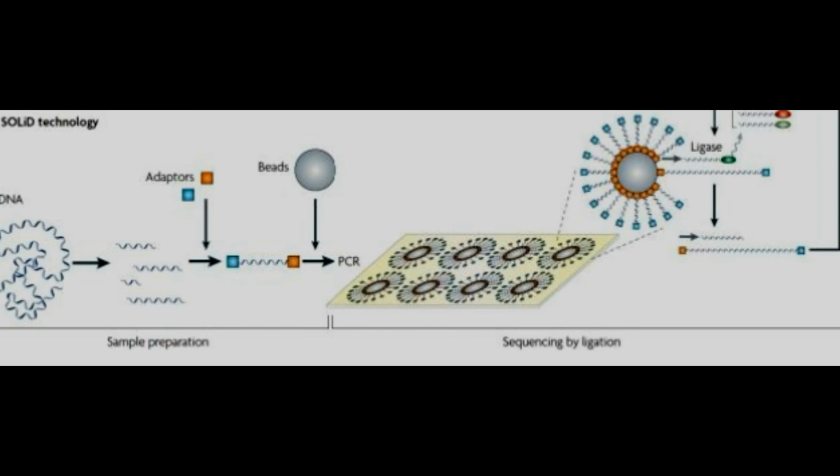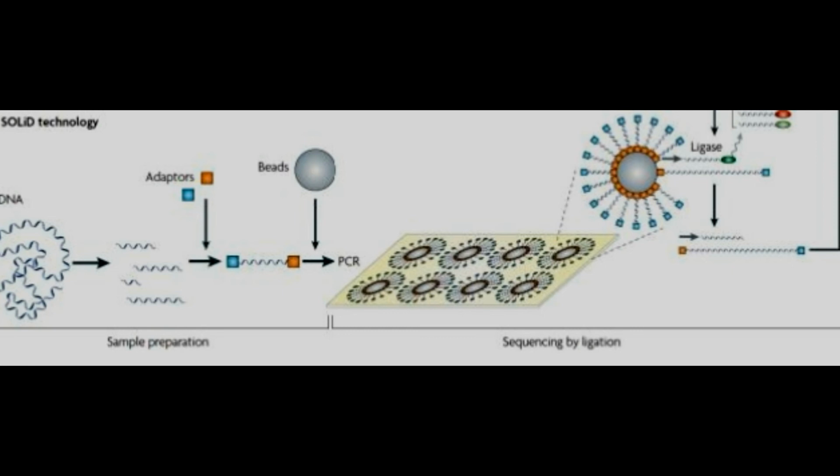Another second generation technology is called SOLiD, which stands for sequencing by oligonucleotide ligation and detection. It is conceptually similar to 454, but the sequencing strategy is radically different.